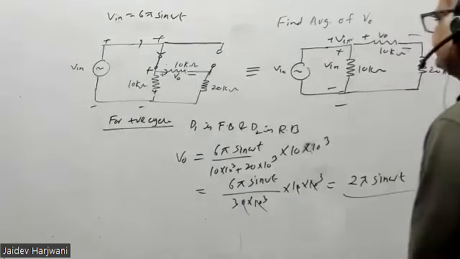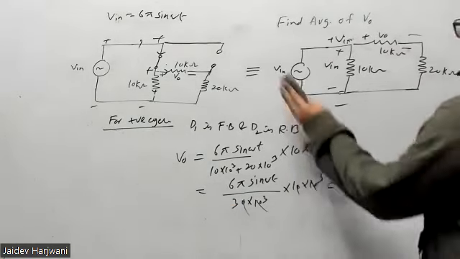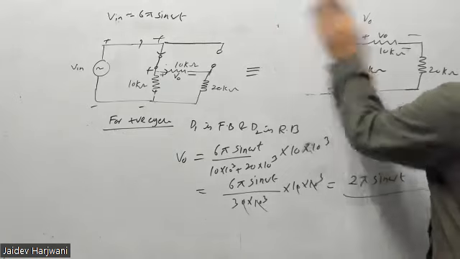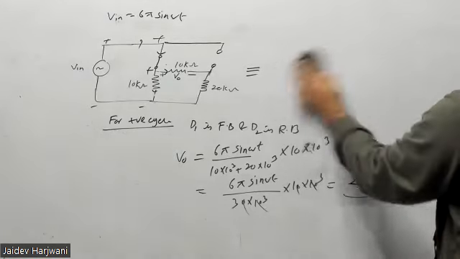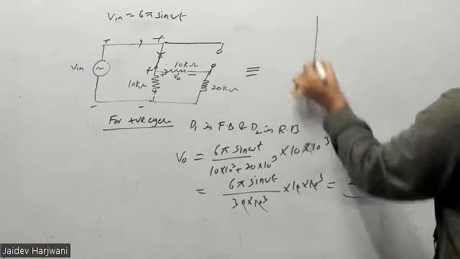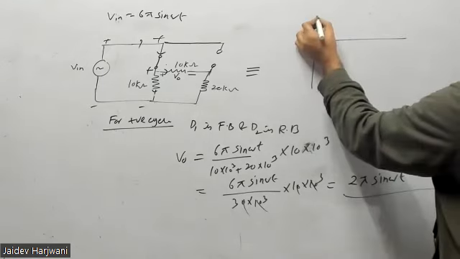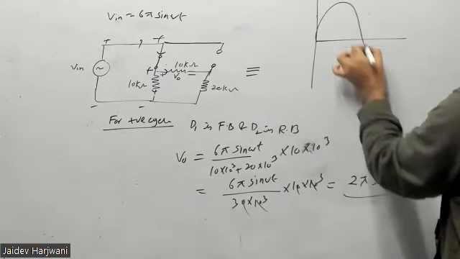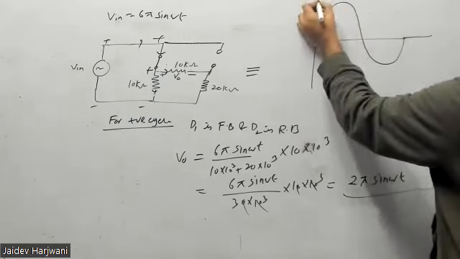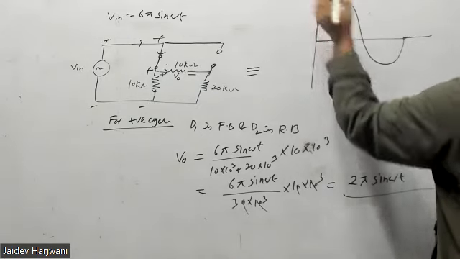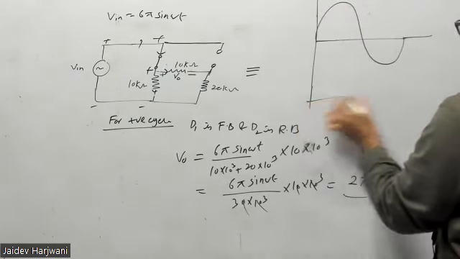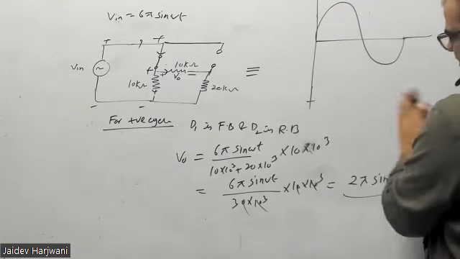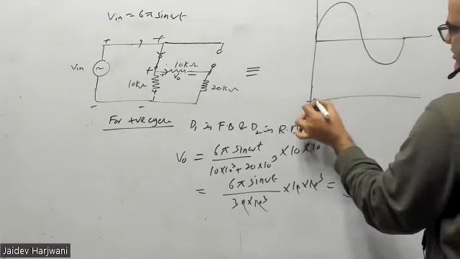Okay, so if I draw my output now, that is like this. This is my V input. My V output is coming, the way I'm measuring, positive.